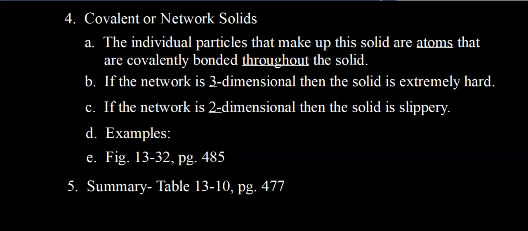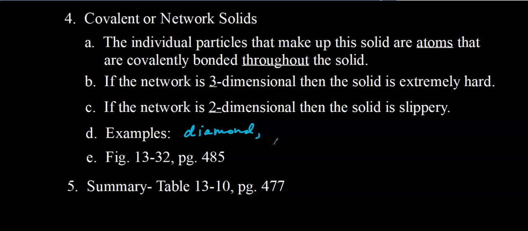So examples of network covalent solids include what I just mentioned, a different allotrope though of carbon. Graphite is one allotrope of carbon, another is diamond. In diamond we have the three-dimensional network of covalent bonds throughout the entire structure. We can see a picture of this on page 385.